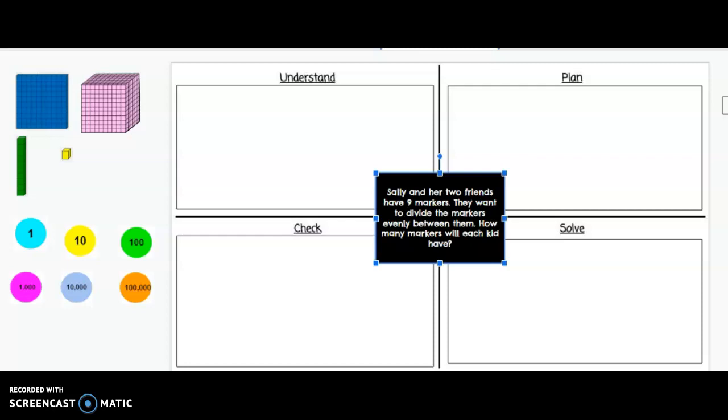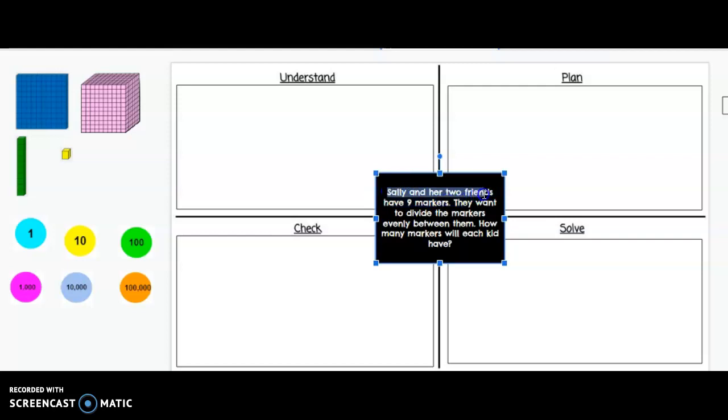Well, what is the first thing that we do in our UPS check? Yes, our U, which is our understand. So boys and girls, what is the important information in our problem?